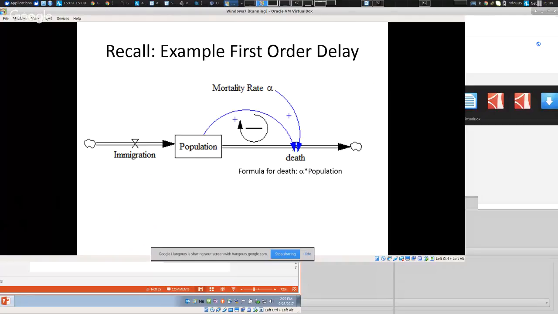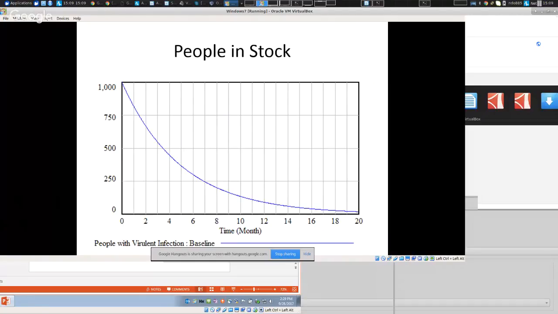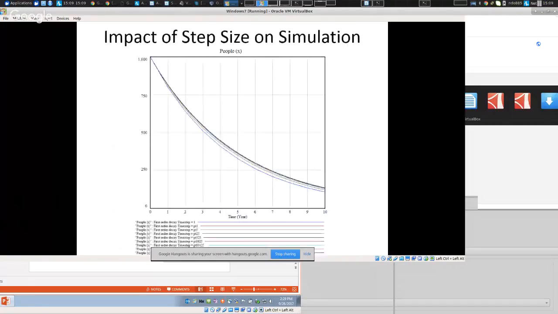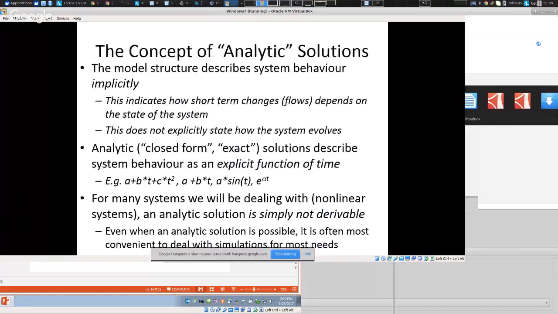But for a linear system like this, we have a delightful prospect of being able to do what's called solve it in closed form, meaning we can derive and write down a solution for it over time, like e to the minus alpha t. In general, with nonlinear systems, we don't have that option.